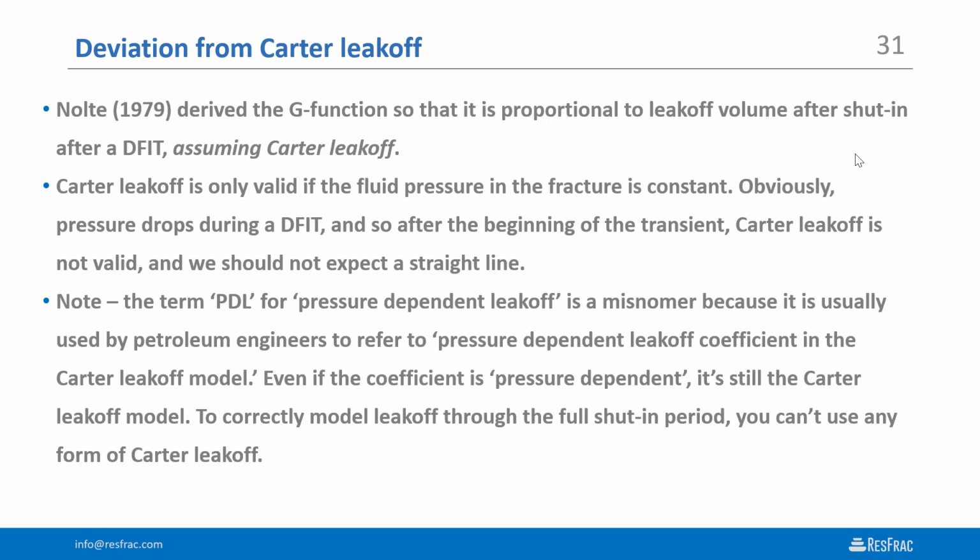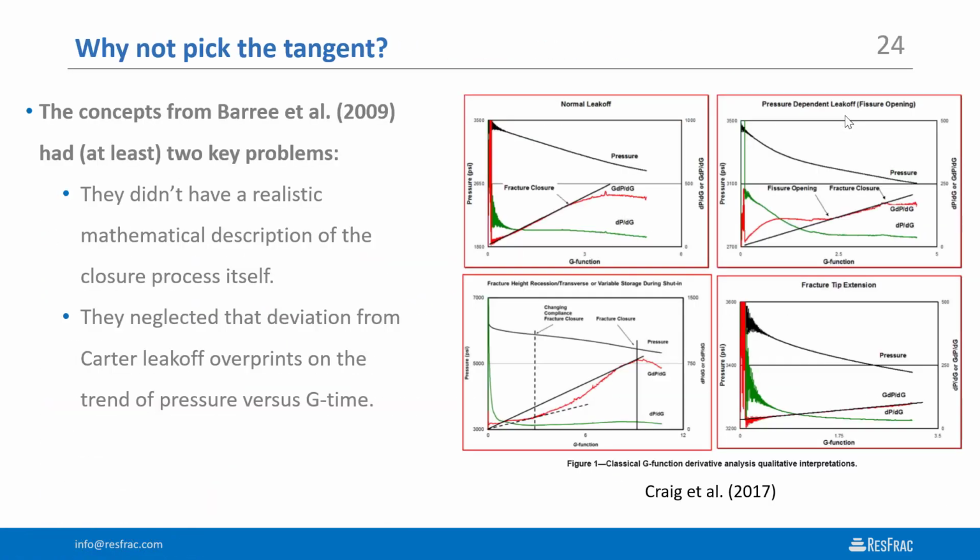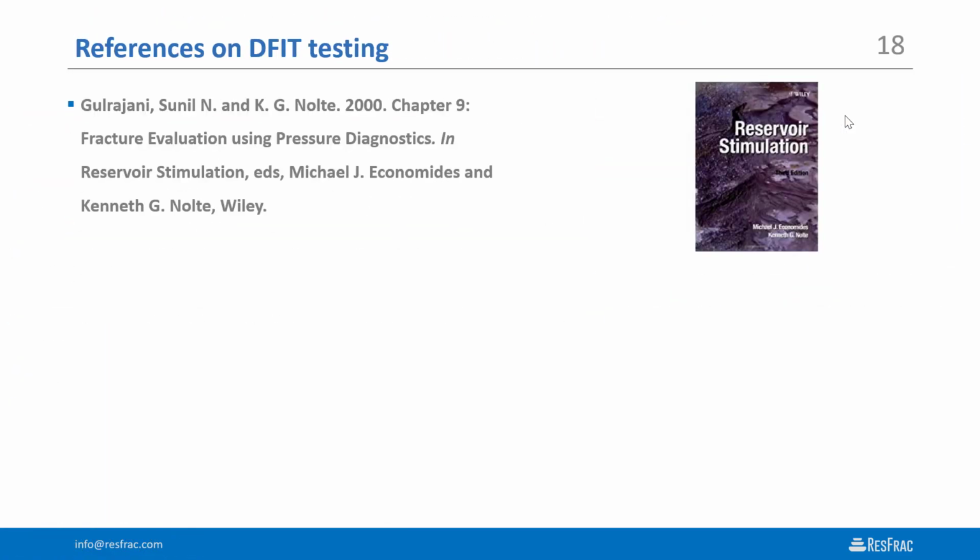The second problem that underlies a lot of the tangent method work is ignoring the effect of deviation from Carter leakoff. So I'll reiterate this again; I think it's a very important point. The G function is derived so that it is proportional to the volume of fluid leaked off after shut-in. And again, if you would like to see that derivation and read about it, I refer you to Chapter 9, written by Nolte and Gulrajani in the Reservoir Stimulation textbook.